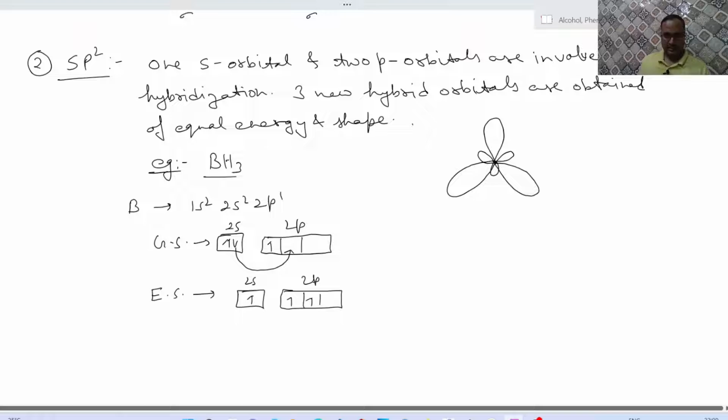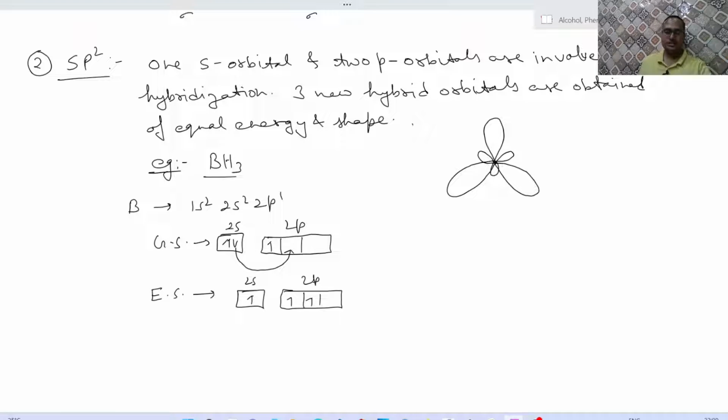Now every hydrogen tends to bind with the 2s. Nobody is going to bind with the 2p. Why so? Because it is of higher energy. Every hydrogen needs to be stable, so they all tend to bind with the 2s orbital.